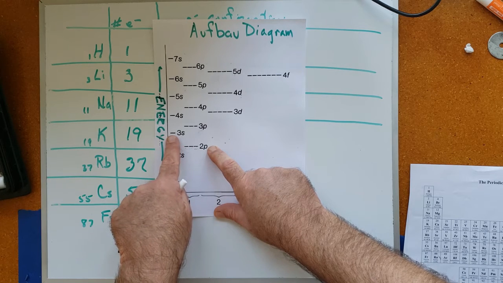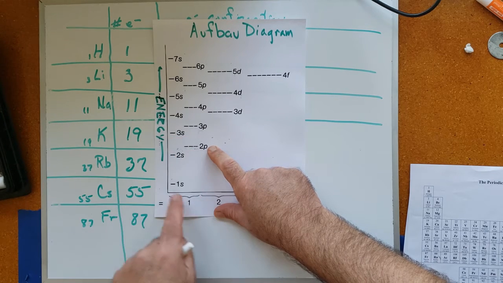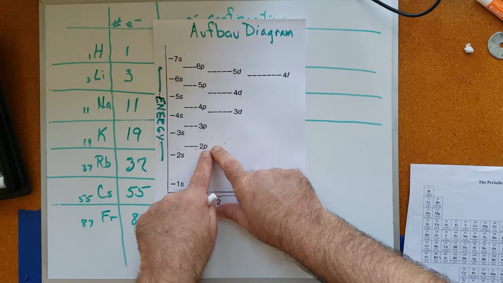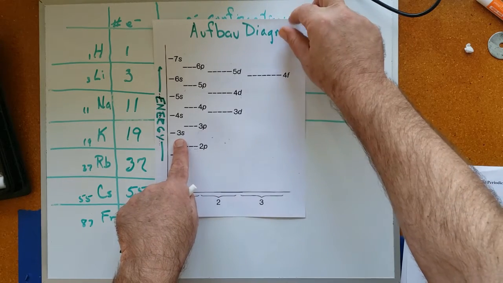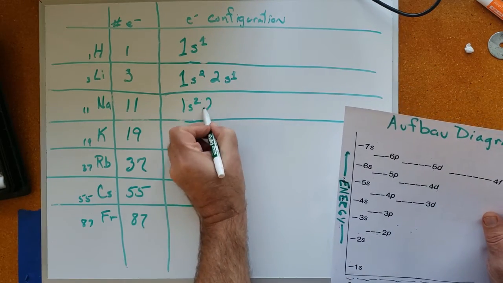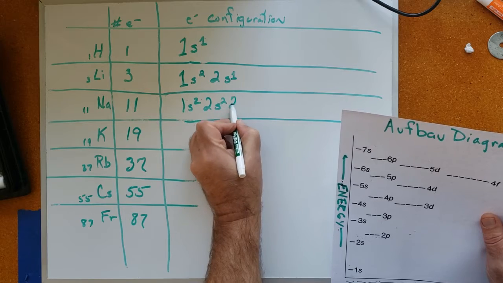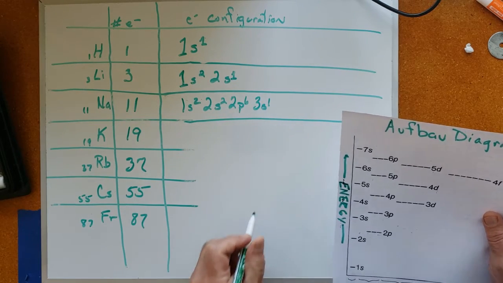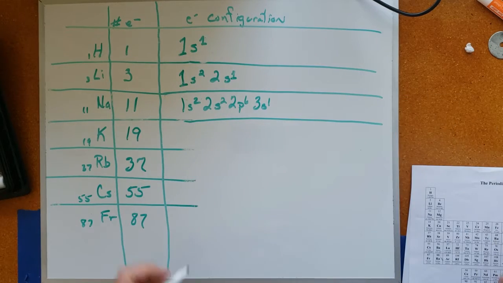And then the 11th electron would go into the 3s. So it'd be 1s2, 2s2, 2p6, 3s1. All right, good.